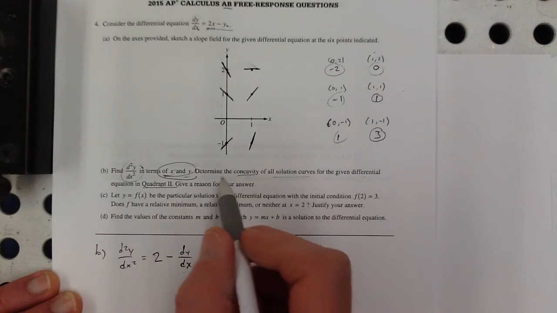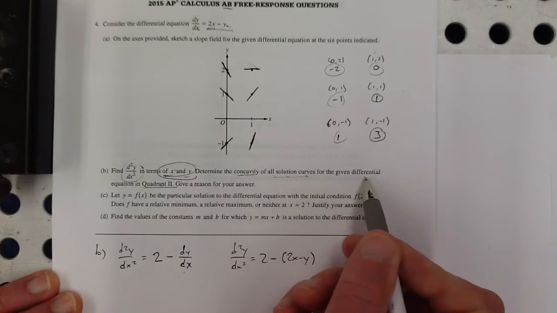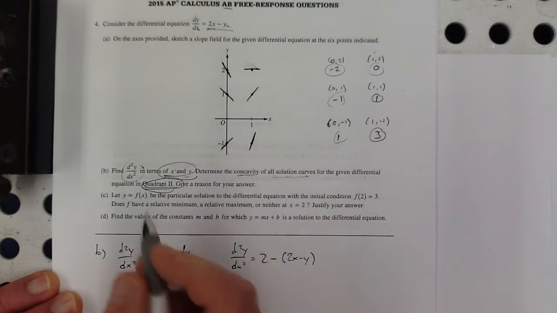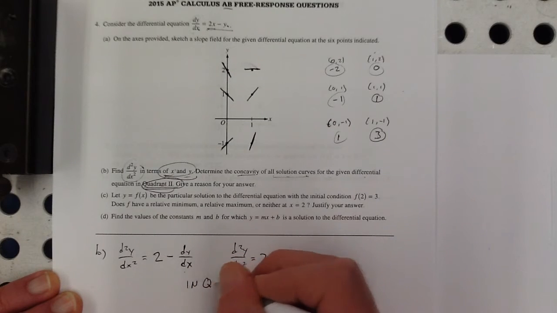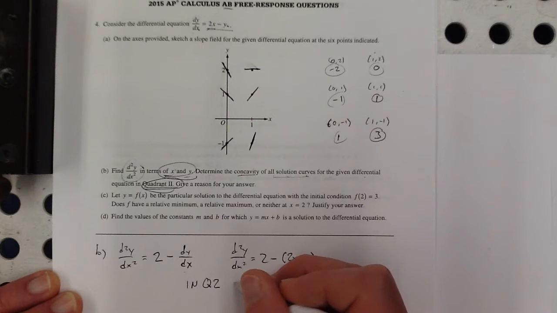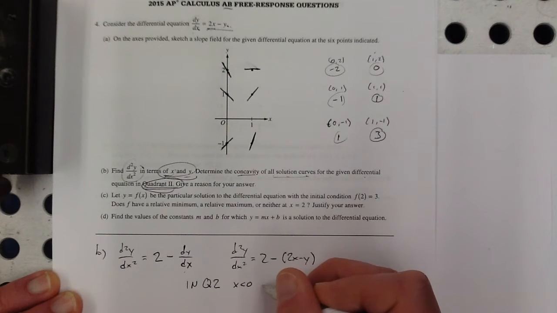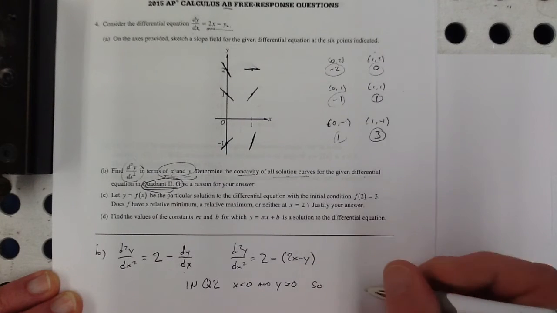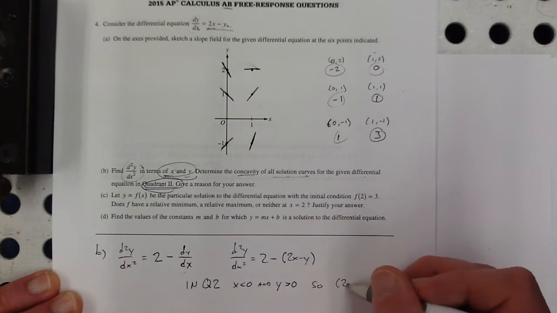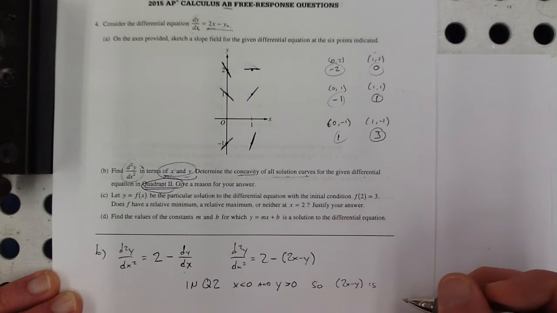Now what about this? Determine the concavity of all solution curves for the given differential equation in quadrant 2. So what's up with quadrant 2? In quadrant 2, x is negative and y is positive. So if x is negative and y is positive, that means that 2x minus y is negative.